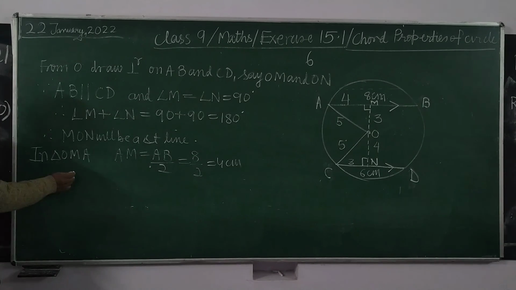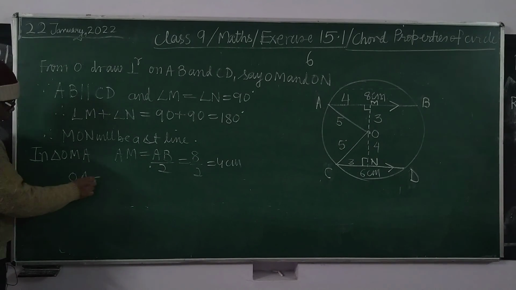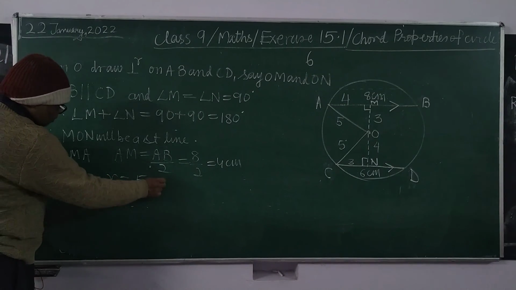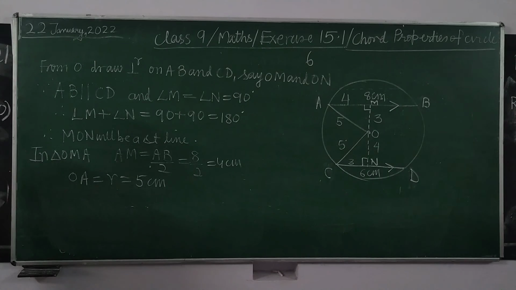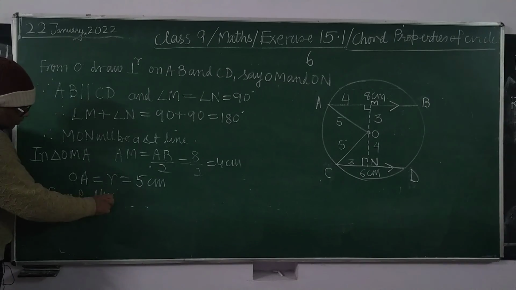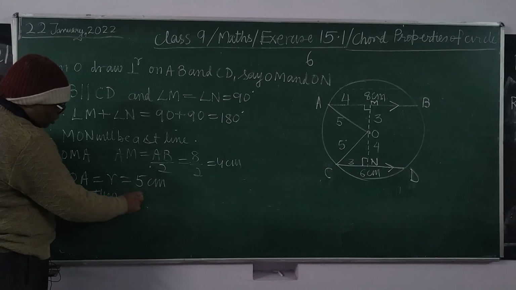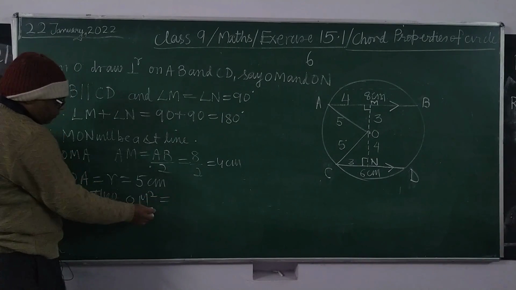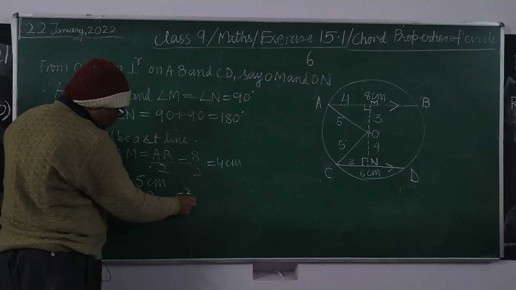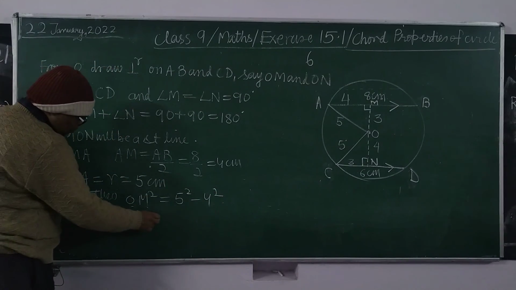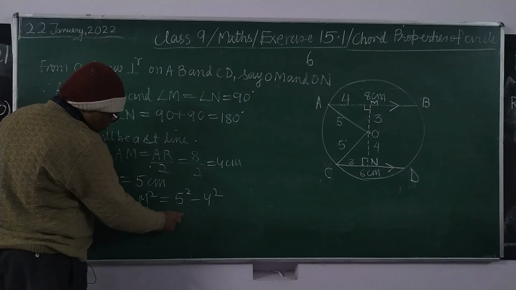What is OA here? It is equal to the radius, which is already given as 5 centimeter. Therefore, from Pythagoras theorem, OM square equals 5 square minus 4 square. So I am writing it directly. OM equals 3 centimeter.